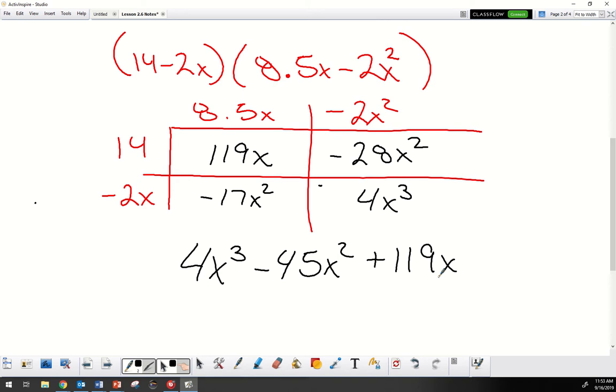Now, going back to my question that was actually being asked. What was the question? Not the second one, the first one. Identify the degree and the leading term of the polynomial, explain or show your reasoning. Okay, identify the degree. What's the degree of this? My degree is 3. Very good.